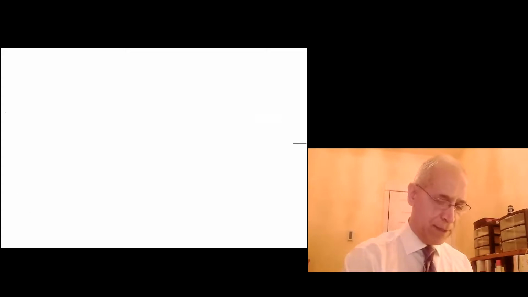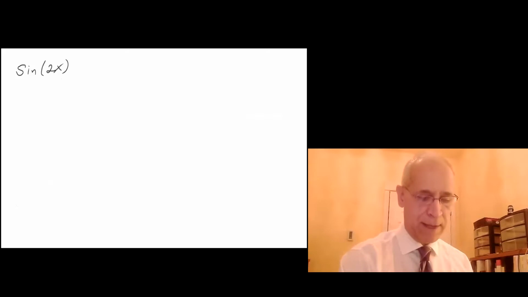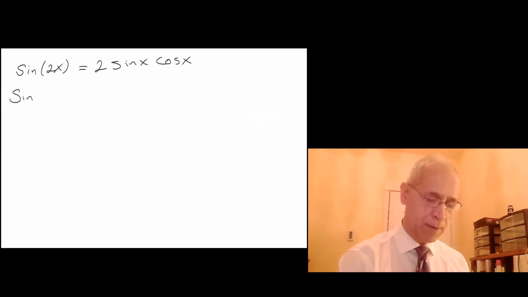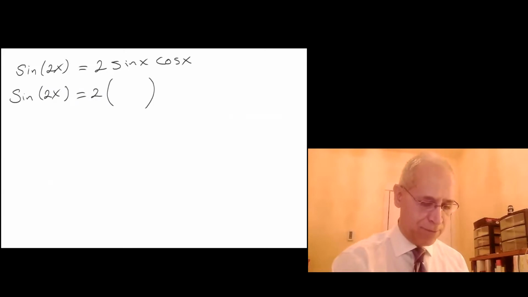The first thing I need is sine of 2x, and we know that equals twice sine of x cosine of x. So sine of 2x equals 2 times sine of x, which we had as 15 over 17, times cosine of x, which we had as negative 8 over 17.